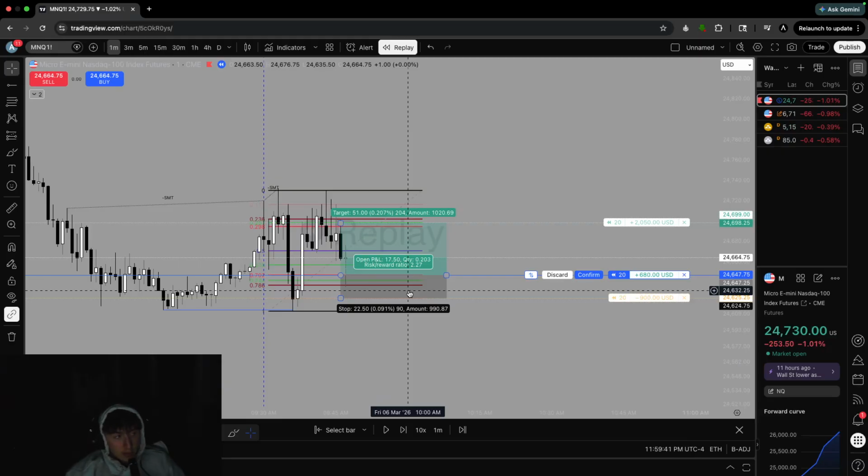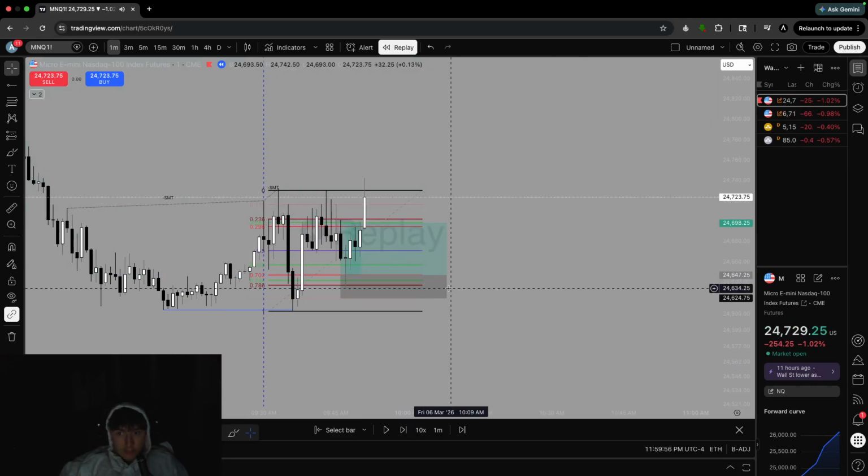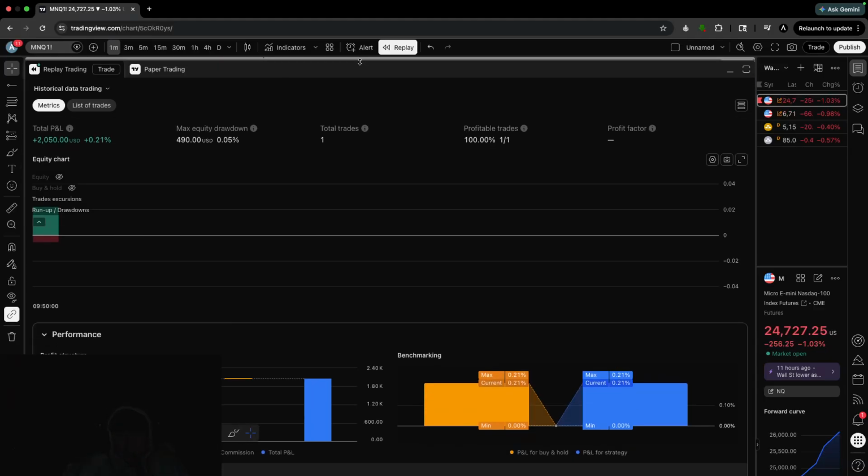Do we get the entry? Do we get a guaranteed entry, or do we get a better trade? Do we get a better entry? Is the question at hand. Mm, that is the question.